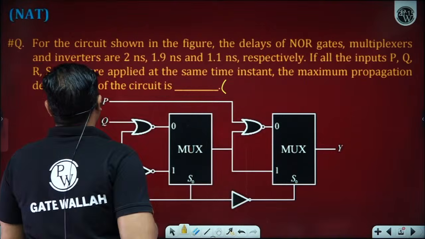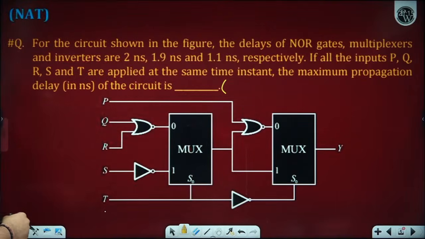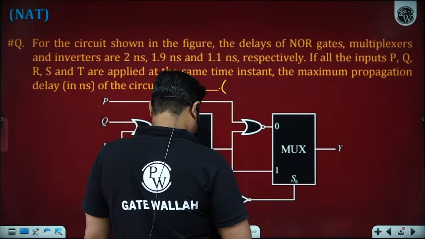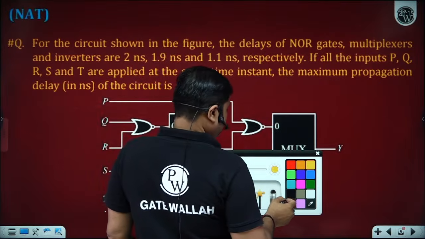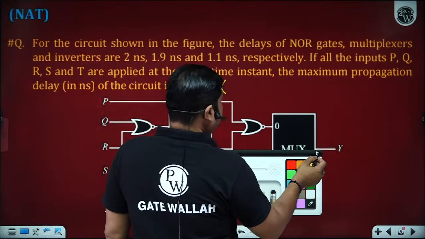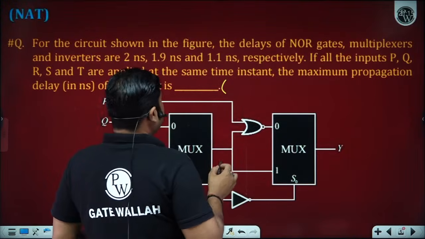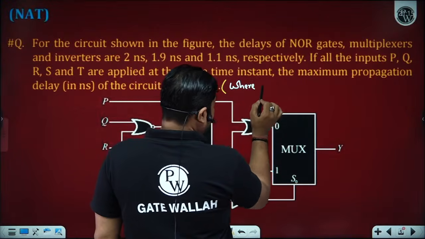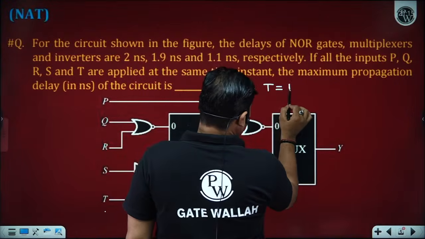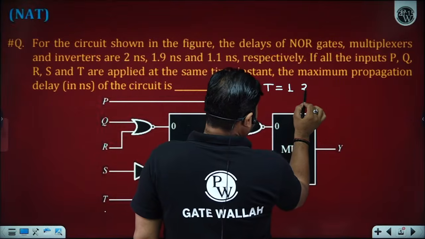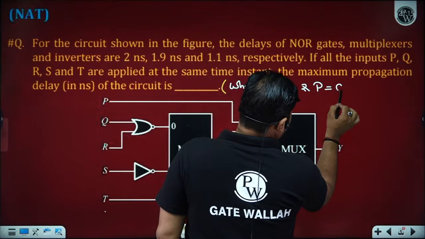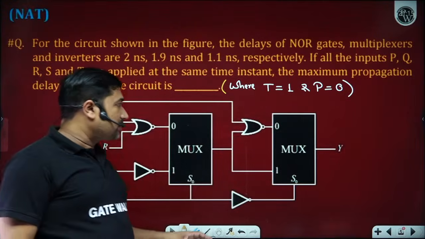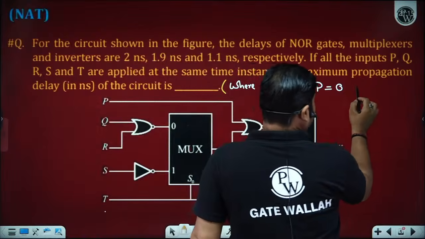If all the inputs P, Q, R, S, T are applied at the same instant, the maximum propagation delay in nanoseconds of the circuit is, where T equals 1 and P equals 0.